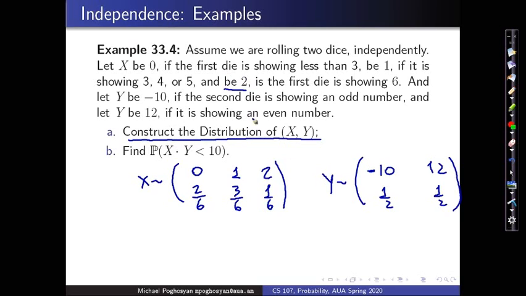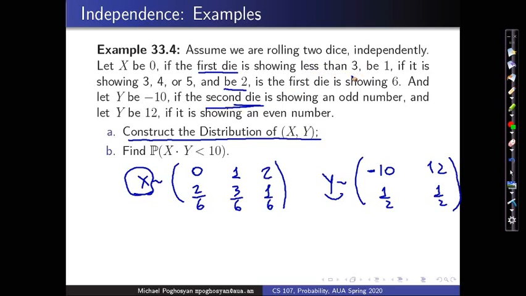So let's look at the problem. Do we know other things about X and Y? So X is calculated from the throw of the first die, and Y is calculated from the second die result. So I'm rolling the dice independently.